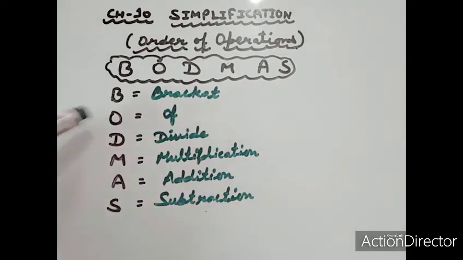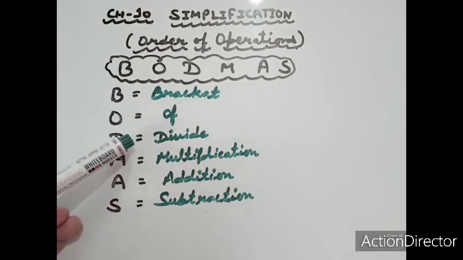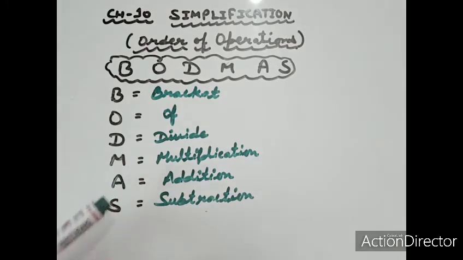So if the question is related to simplification, we follow this sequence, BODMAS. First we solve bracket, after that off, then divide, then multiplication, then addition, and the last subtraction.